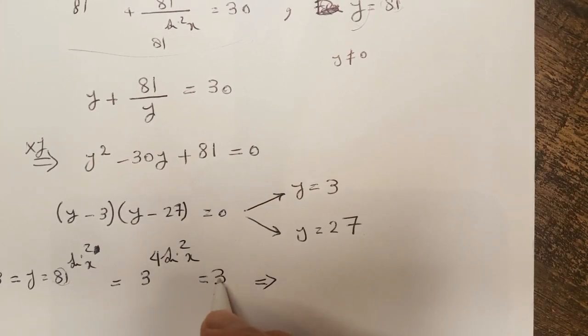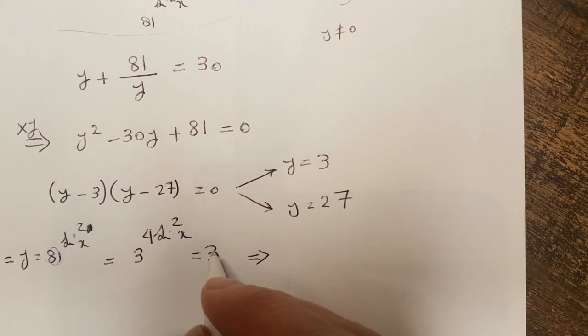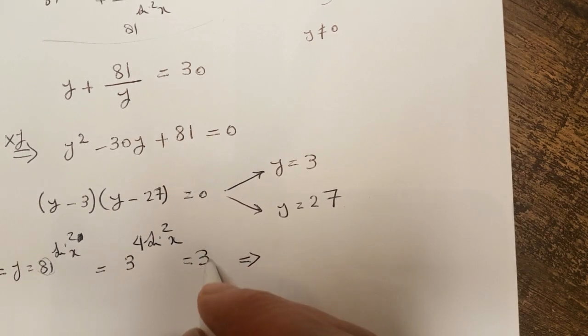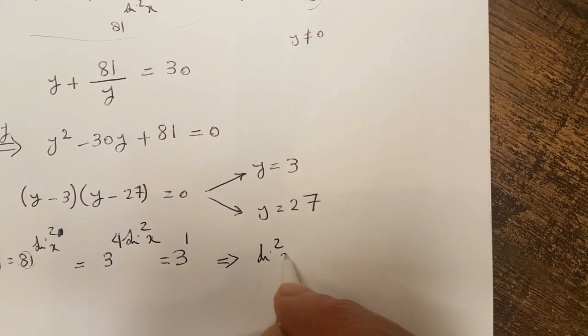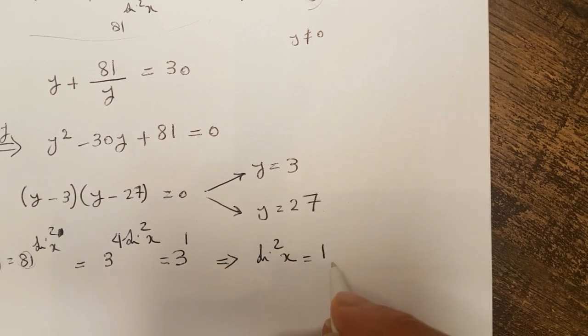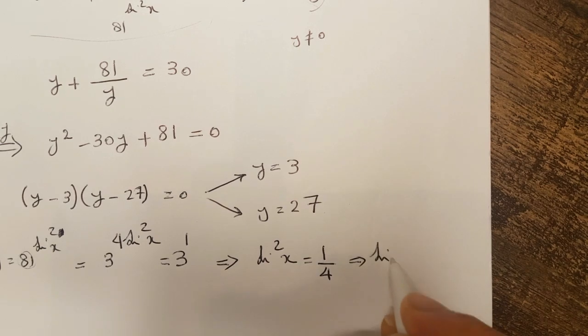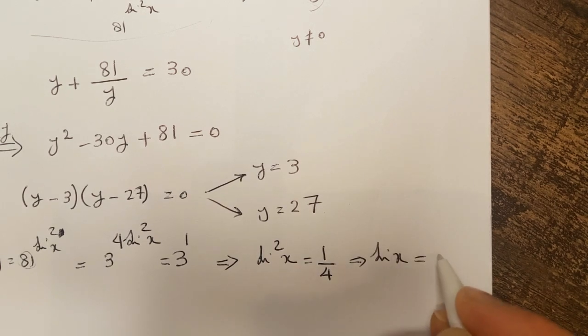Then from here, we can rewrite 3 as 3 to the power of 1. Then we'll have sine squared of x equal to 1 over 4, and from here sine of x is plus minus 1 over 2.